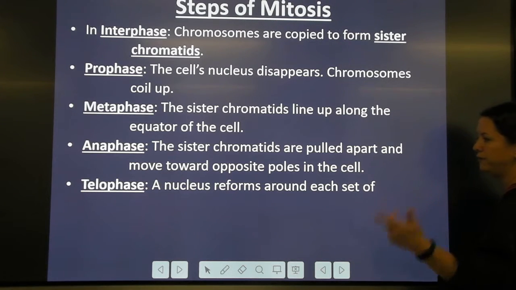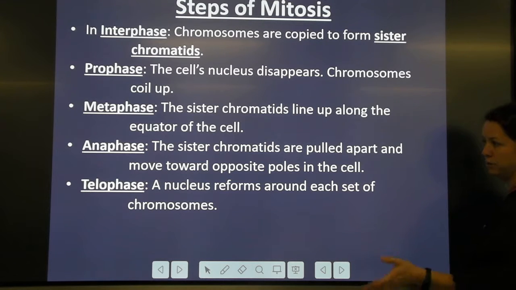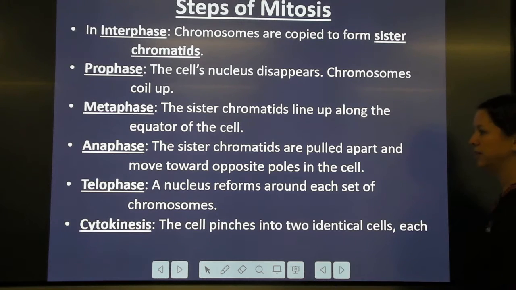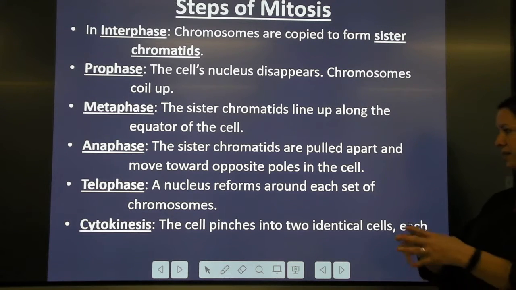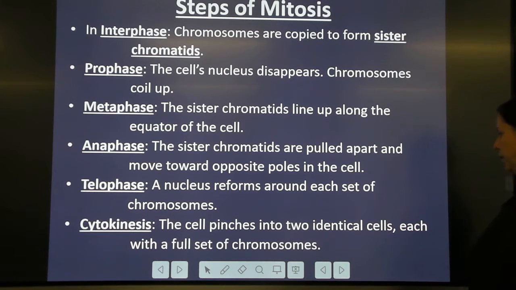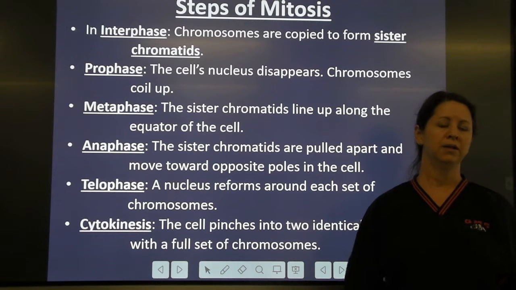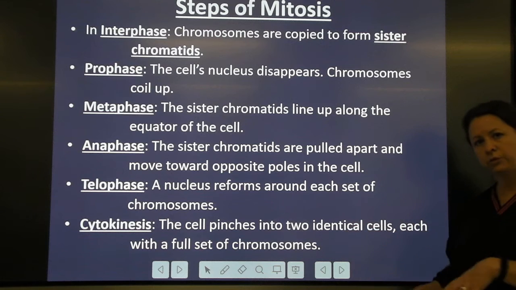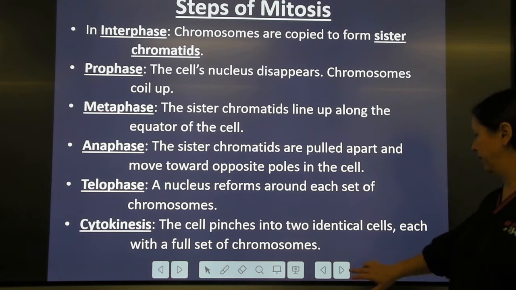Telophase, the nucleus reforms around each set of chromosomes so that you can now have a nucleus in each of your new cells. And then cytokinesis, the cell actually pinches in two, and each new cell is identical to the old, and they have a full set of chromosomes. So again, this is review from the last unit.